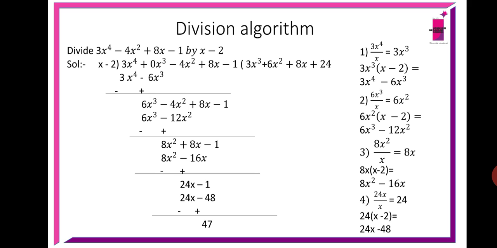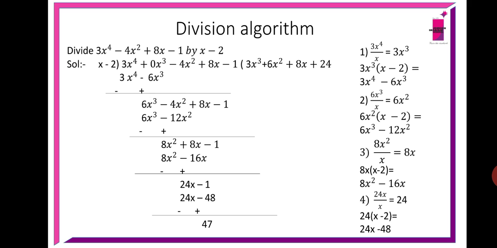So you take the quotient term as 3x cube. Now x into 3x cube gives you 3x power 4, and minus 2 into 3x cube is minus 6x cube. Now when you are subtracting, the signs change, so plus becomes minus and minus becomes plus.